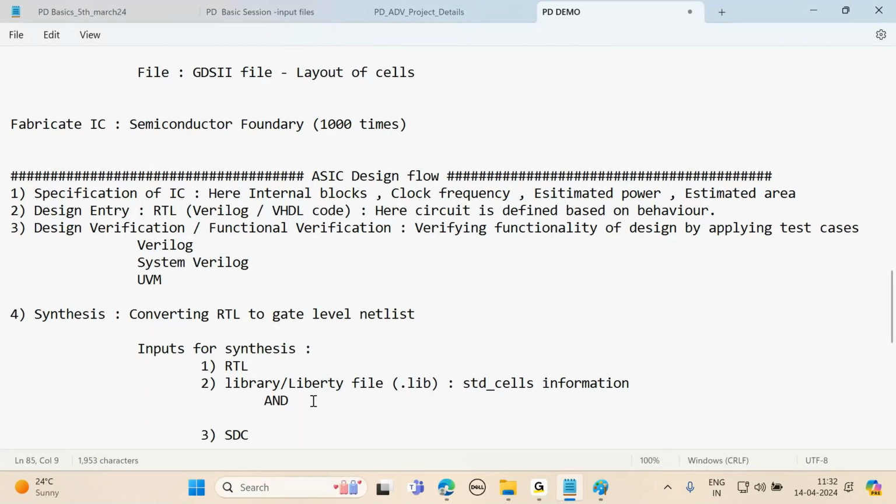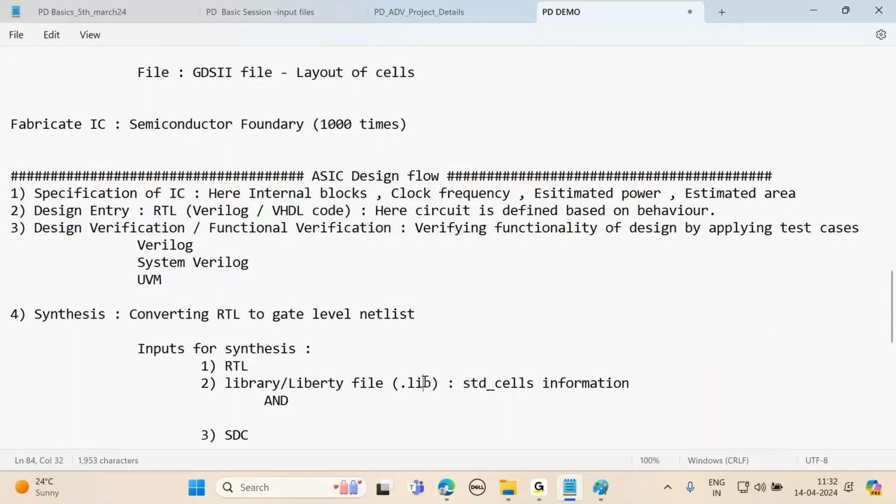That is a full custom design. What we are doing here is a semi-custom design, because we are not starting the design from scratch. We are not starting from the transistor level. From behavioral, you're directly going into gate level. There is a team called the full custom design team or library characterization team. It's also called the PDK development team. They will give this .lib file.